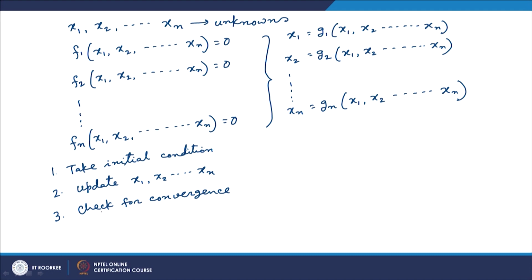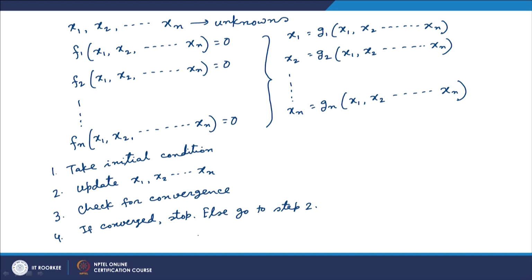If converged, stop, else go to step 2. Of course, this is a very brief recollection of the basic procedure of the Gauss Seidel numerical method.